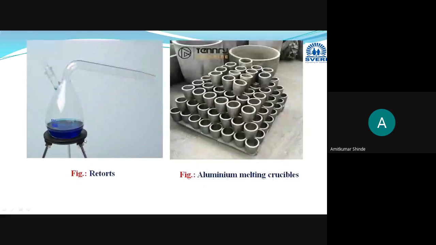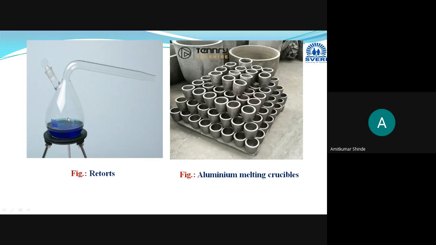Then these are different melting crucibles. For melting the aluminum material we use different crucibles. All these crucibles are manufactured with silal material only, or you can use nicrosilal also. Then this is the retort.